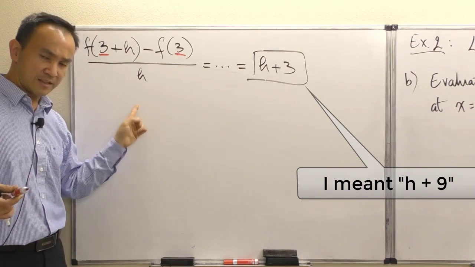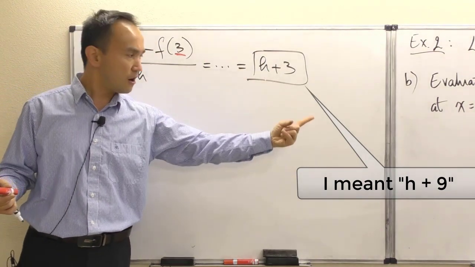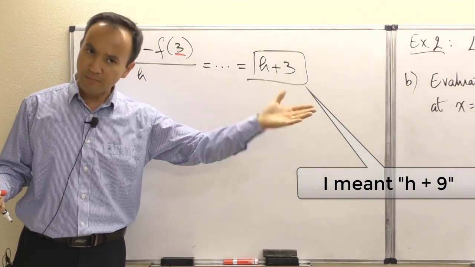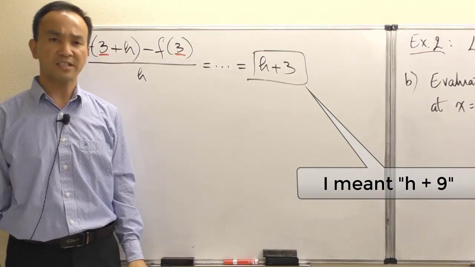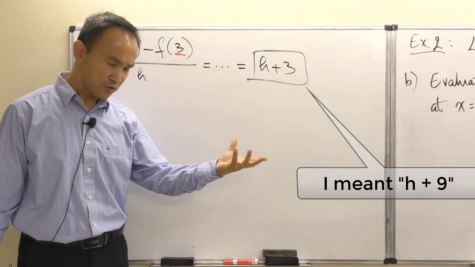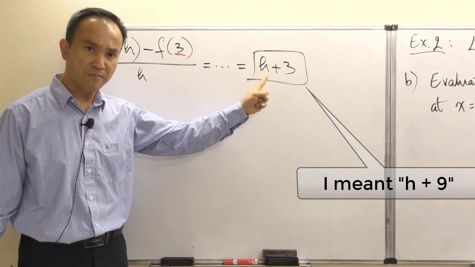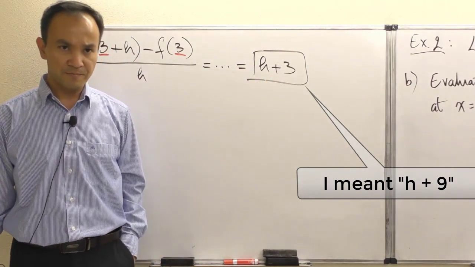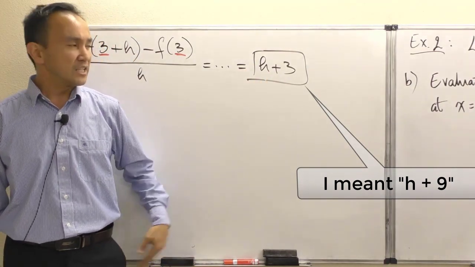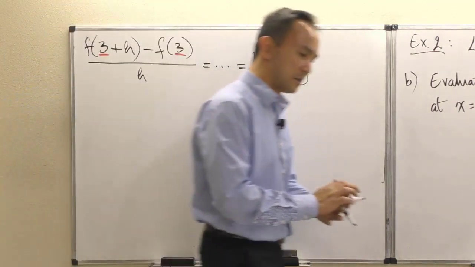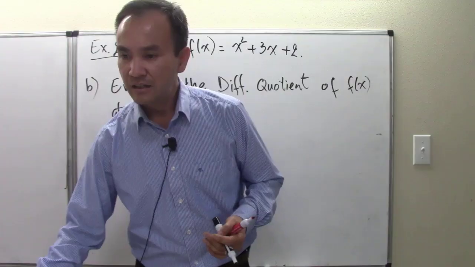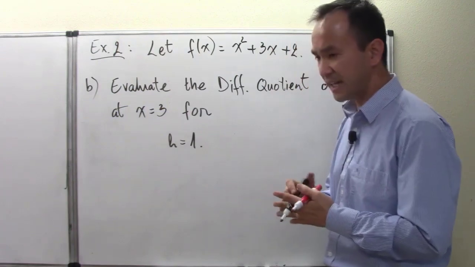Then the work went on, and in some problems we came down to a final numerical answer, but most of the time the problem came down with a remaining variable h. And so the intention for part B is to take that h.